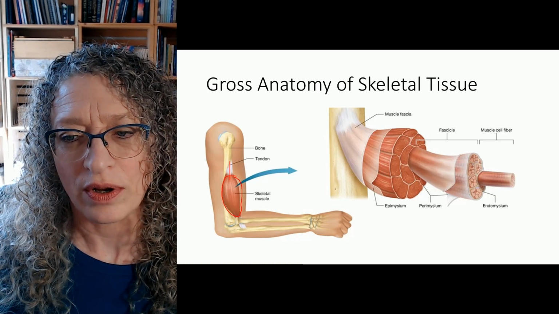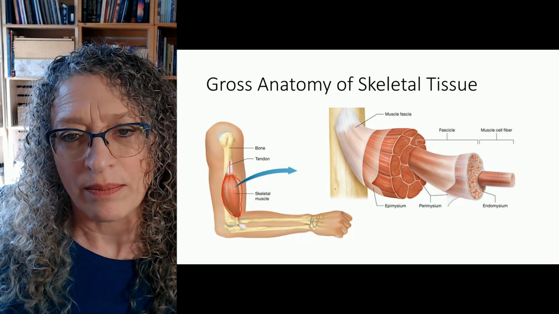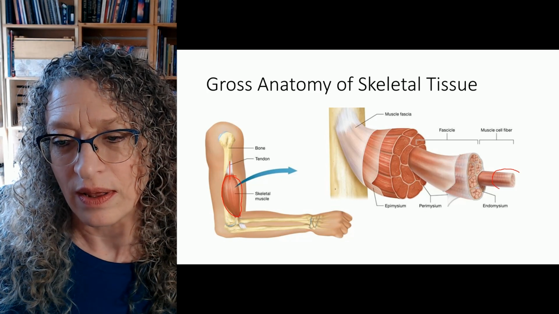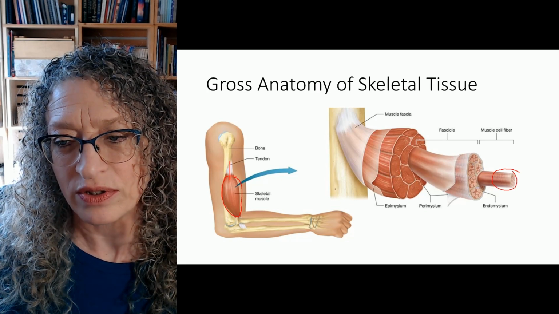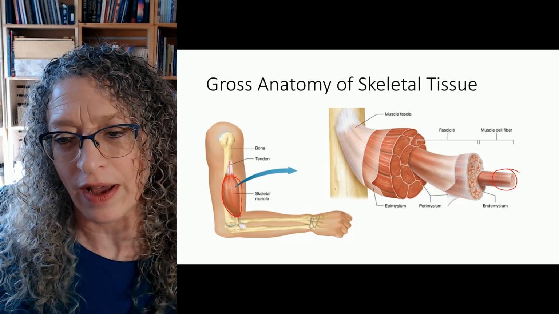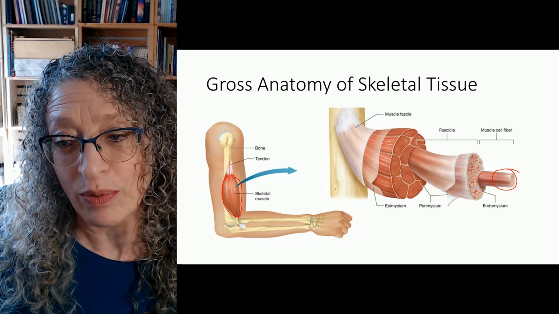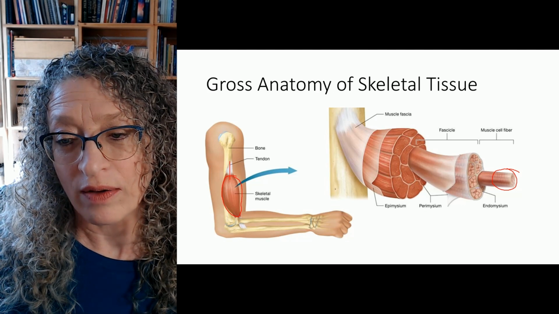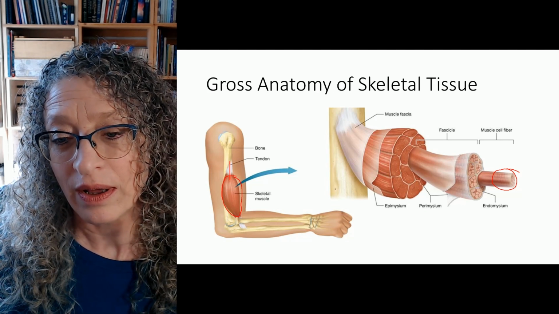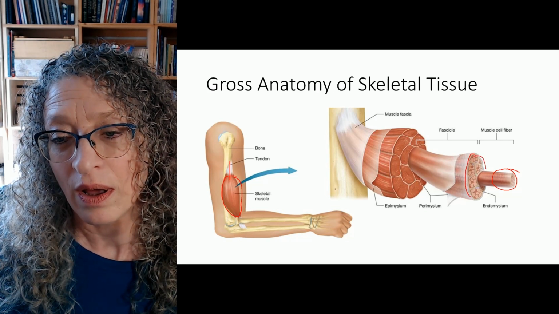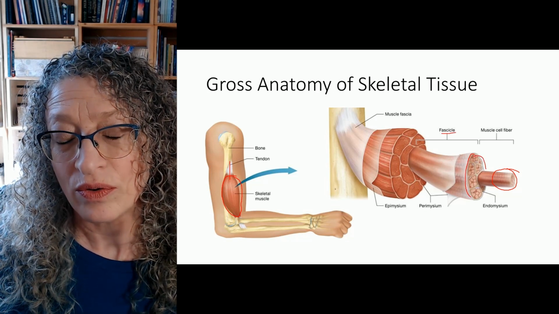and how they're structured. But when we look at the muscle tissue, one individual cell, like this down here, is a muscle cell fiber, and again they're very long fibers. And there are several fibers that are bundled together in what would be called a fascicle.